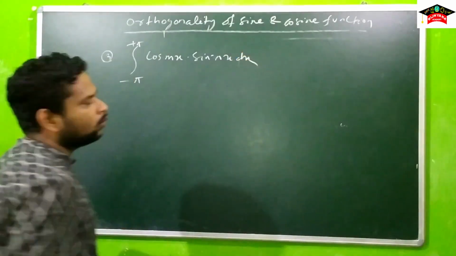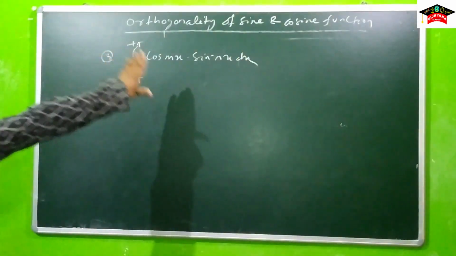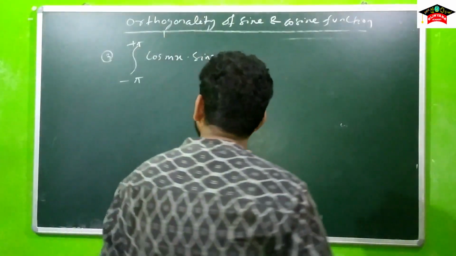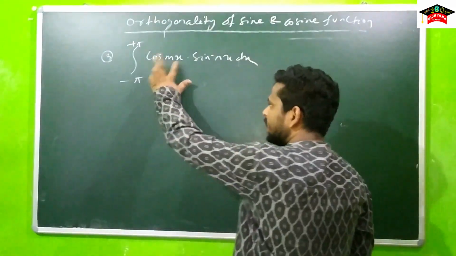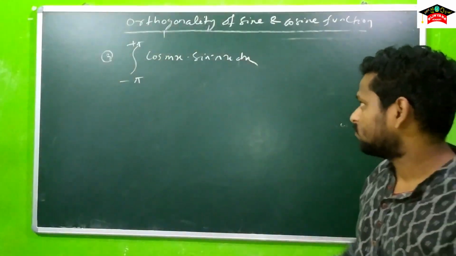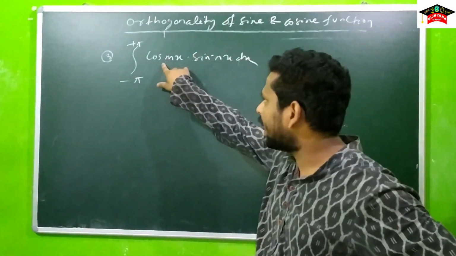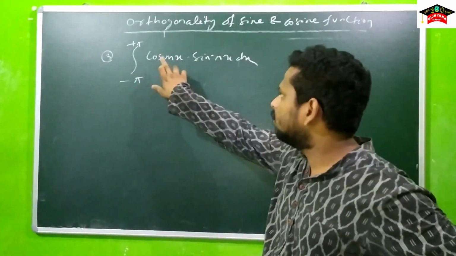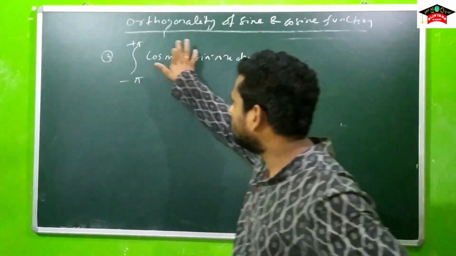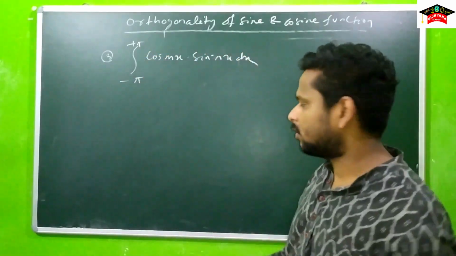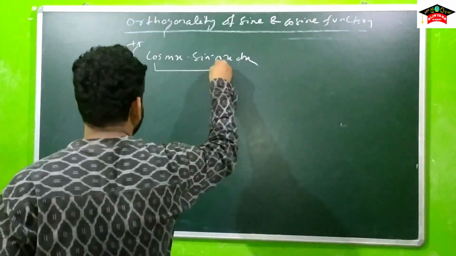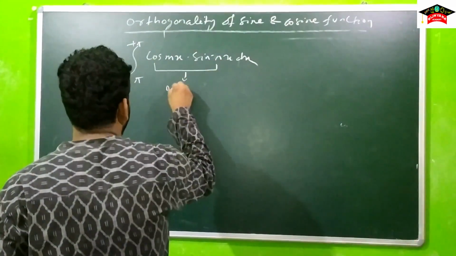This has nothing to do with the orthogonal condition, because this formula we already know. You know the cosine function is an even function and the sine function is an odd function. So when we multiply an even function with an odd function, the whole value will be an odd function.